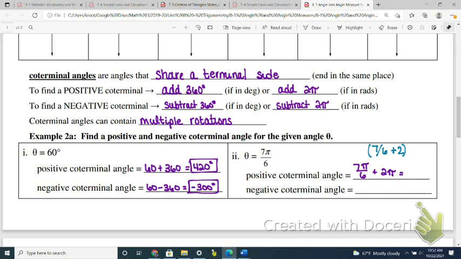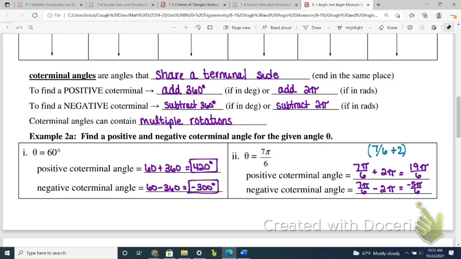When you do, you get 19/6, so it's 19 pi over 6. I'm going to do the same thing for the subtraction. So 7 pi over 6 minus 2 pi. Remember, we're treating pi like a variable right now, so it's 7/6 minus 2, which is negative 5 pi over 6.